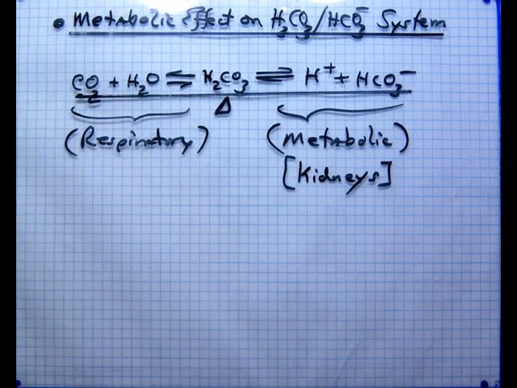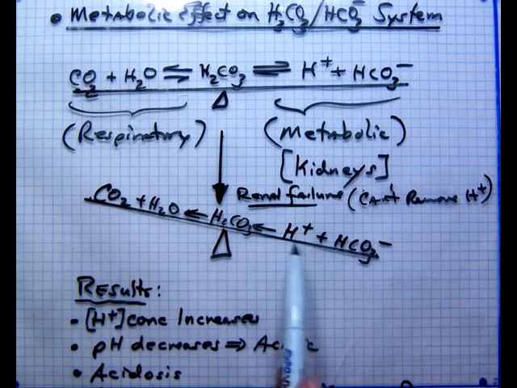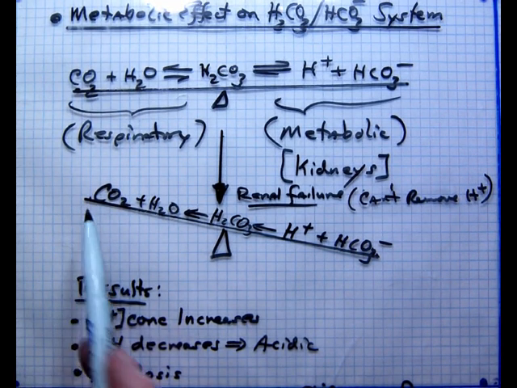So what we're essentially talking about here is the metabolic pathway, which would involve the kidneys, which function as dialysis of the blood system. And if you have kidney failure, renal failure, you can't remove the excess hydronium ions, which loads up the equilibrium on the ionized side, the hydronium ion bicarbonate side, and forces the equilibrium back to the left.